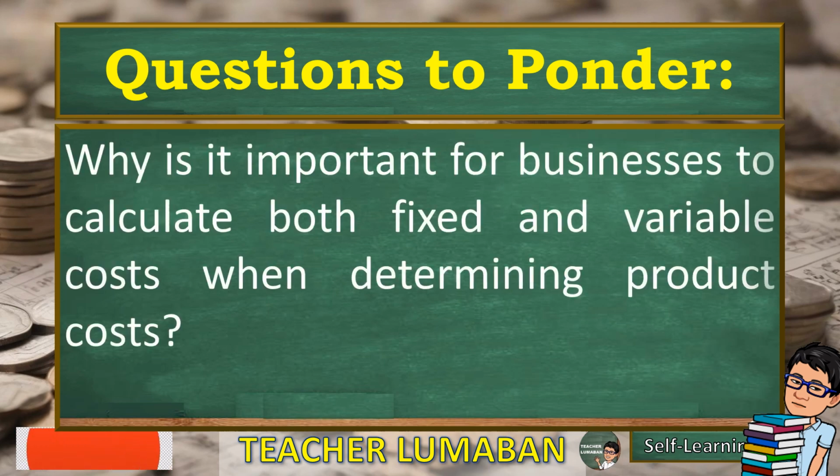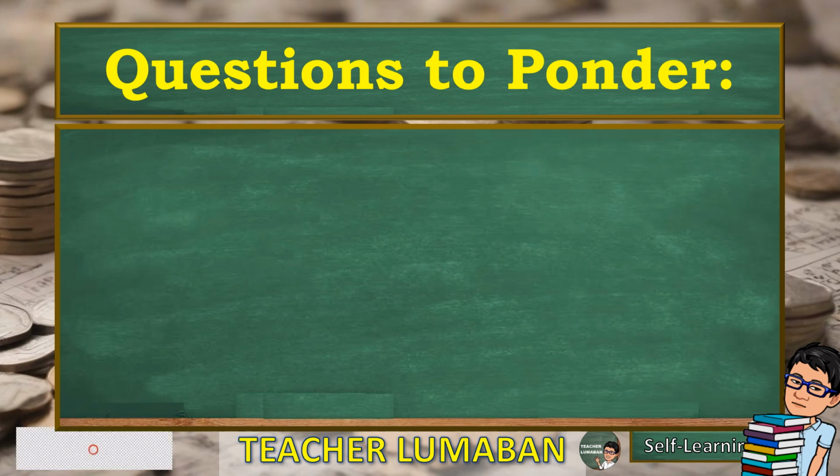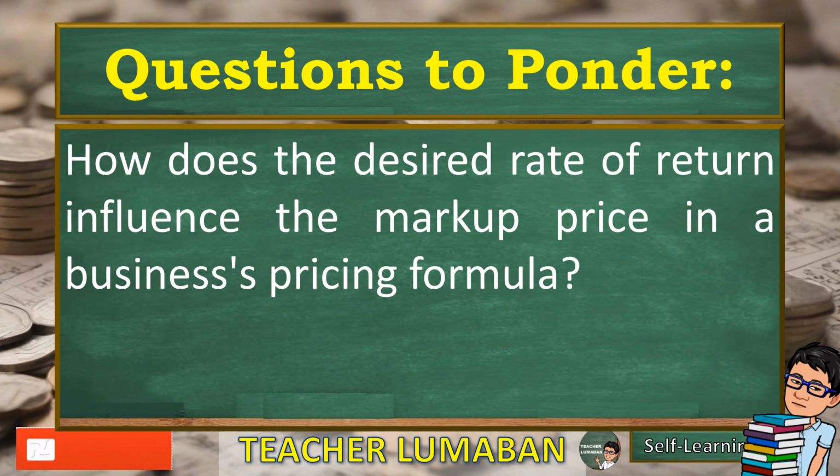Why is it important for businesses to calculate both fixed and variable costs when determining product costs? How does the desired rate of return influence the markup price in a business's pricing formula?